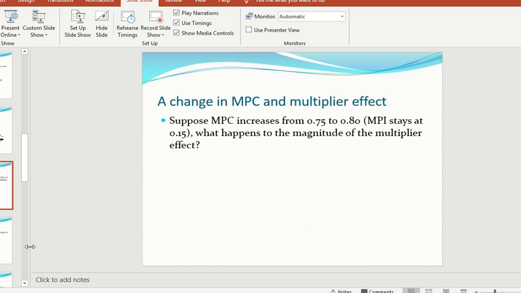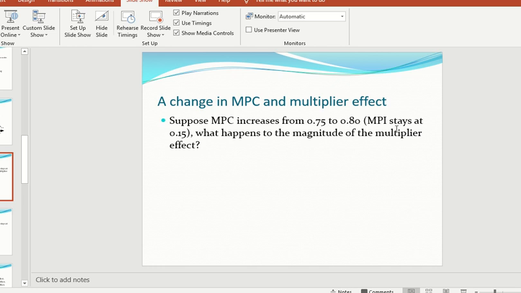So let's try one more example. This time let's try to find how a change in marginal propensity to consume can affect the size of the multiplier effect. So in this case, marginal propensity to consume has increased from 0.75 to 0.8.